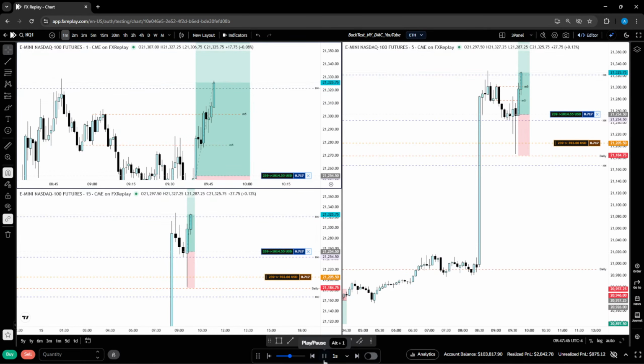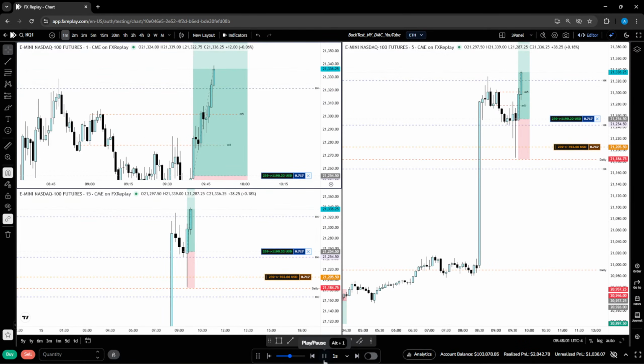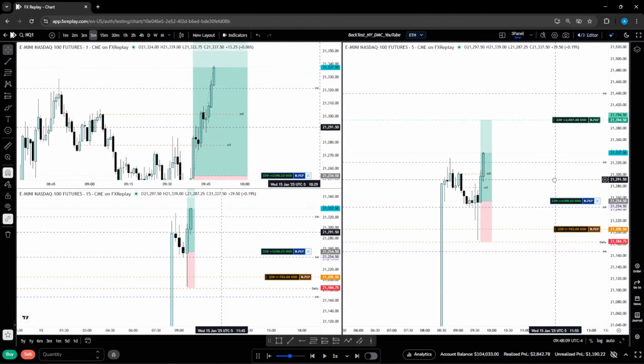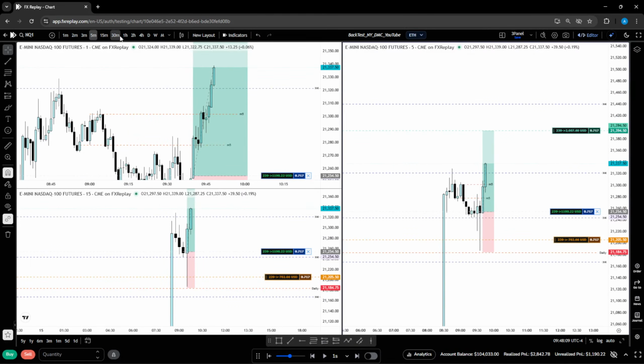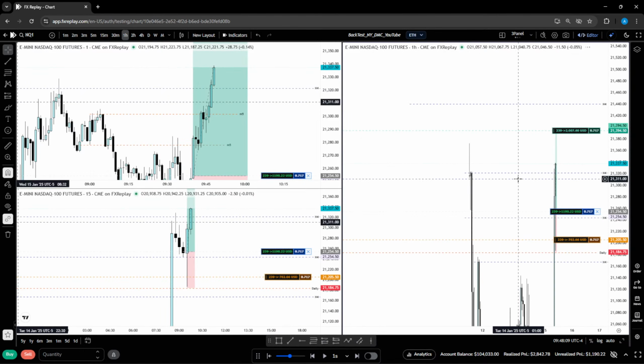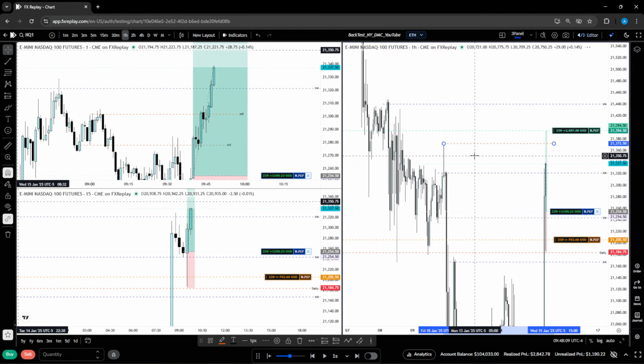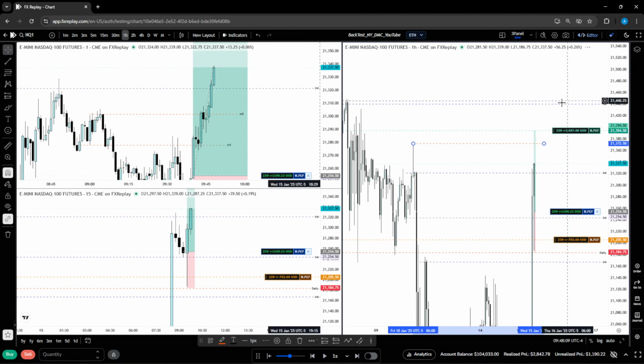There's a 4-hour level that could push us back down. Doesn't look like it. Now, where can we go? Okay, this is one level. And then there's a whole bunch of levels on the H4.